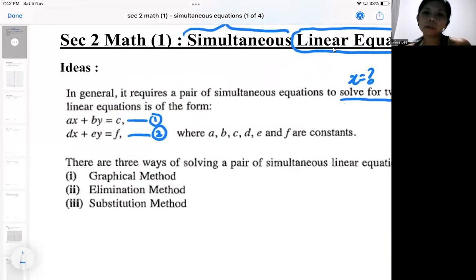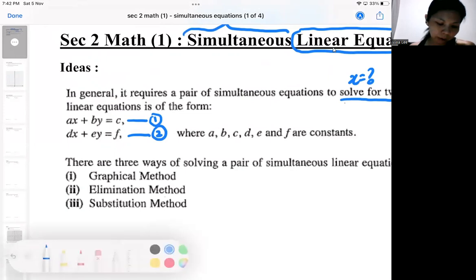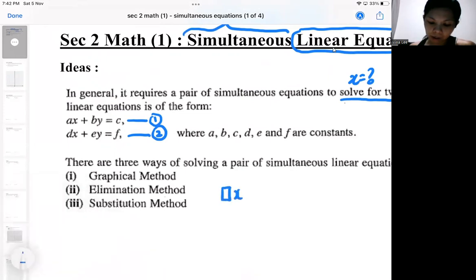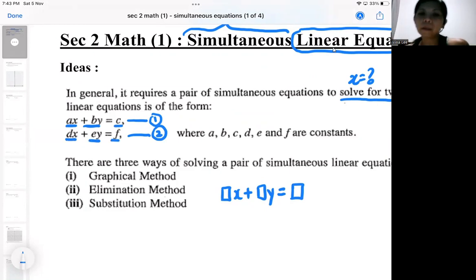I want you to look at the structure of the two equations first. If your job is to find x and y, look at the format of the equation. Do you realize that the format is always something x, something y, equal to another number? So that will be the format.